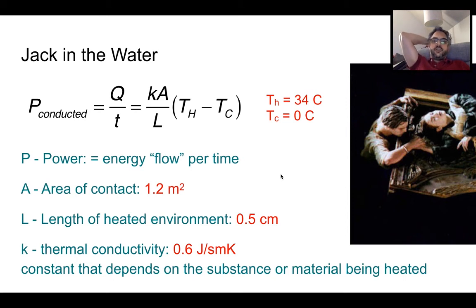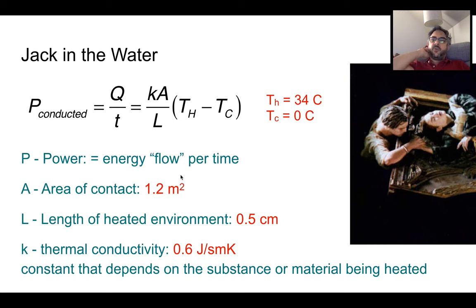So we can now apply our equation to Jack's situation. We have to make a few assumptions. So again, in this equation, P is the energy flow per unit time, the heat loss per unit time. We're going to take Jack's area to be about 1.2 meters squared. I looked it up. It's a typical area for a person.